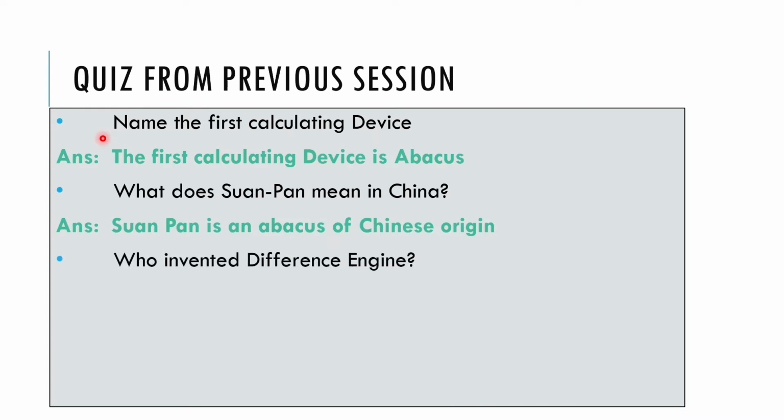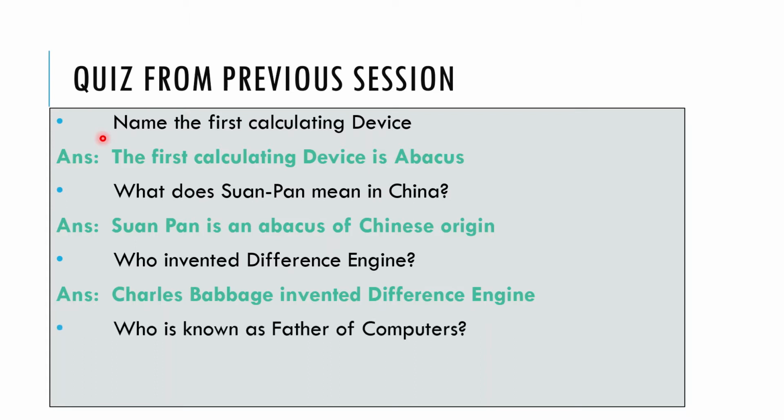The next one, who invented difference engine? And the answer is, Charles Babbage invented difference engine. The last one was, who is known as father of computers? And the answer is, Charles Babbage is known as father of computers. So let's continue with today's session.